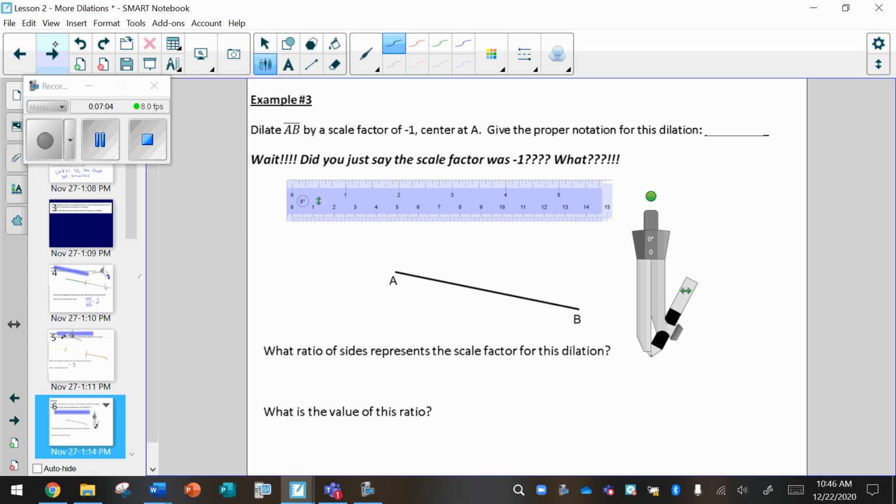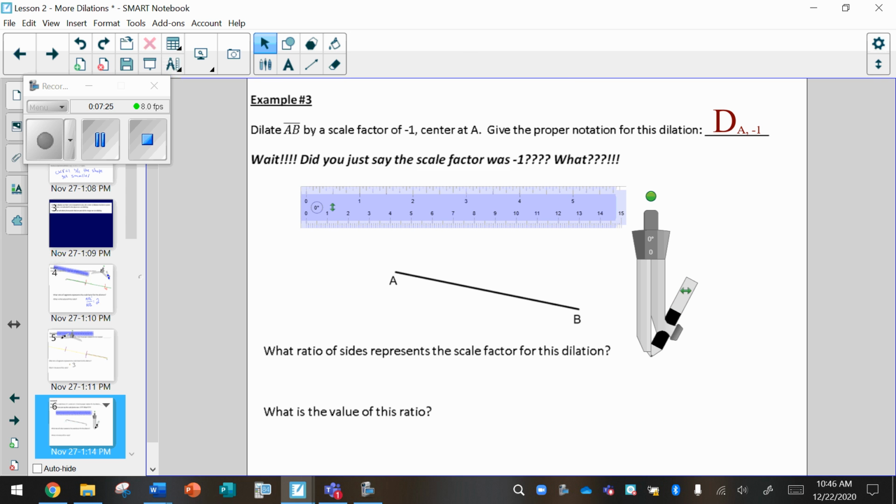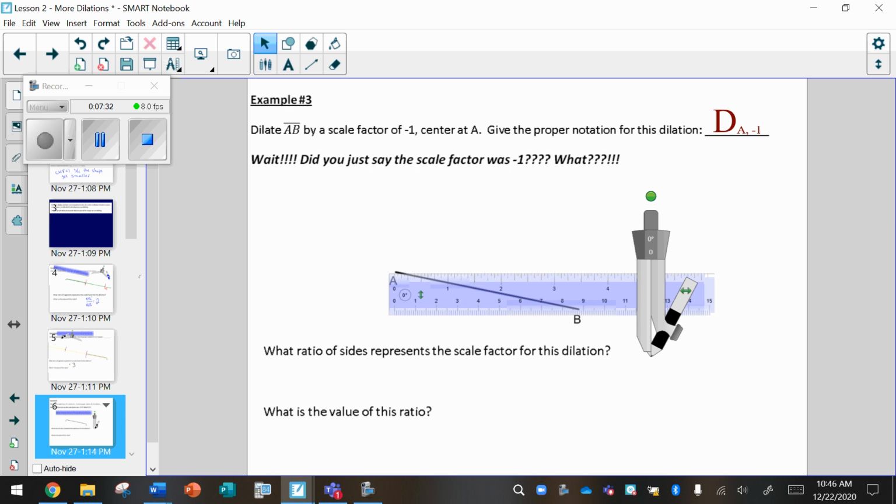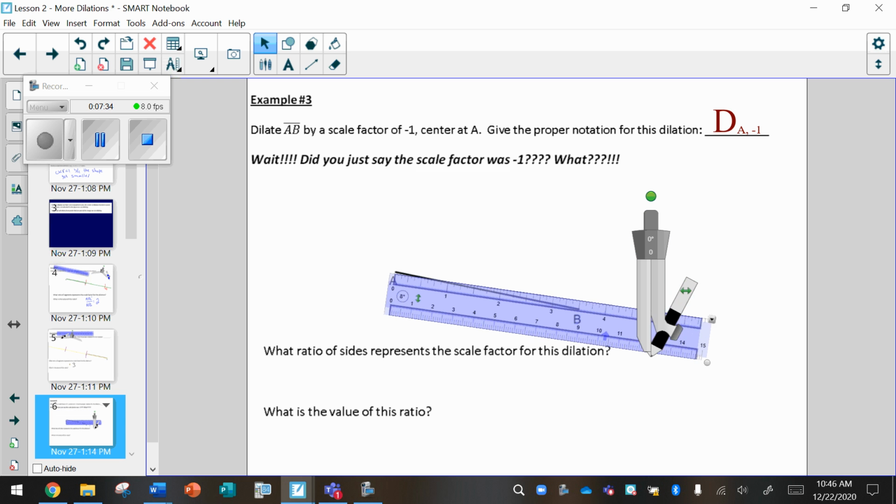All right, so now, I mentioned the other day when you watched video 1 that it is possible to have a scale factor that is negative, and it pushes the point in the opposite direction of the center of dilation. The notation won't change, so if we're doing a dilation through point A of -1, that means point A is our center of dilation.